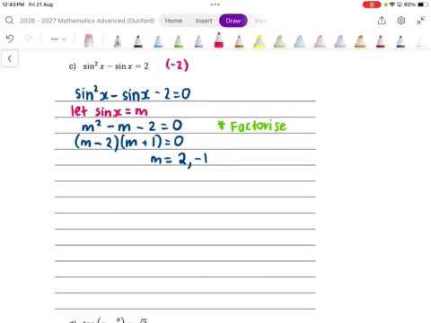What we then do is we put our sine back in. So we say let m equal sine x. So what we'll get is that sine x equals 2 or sine x equals minus 1. So we get these two equations.